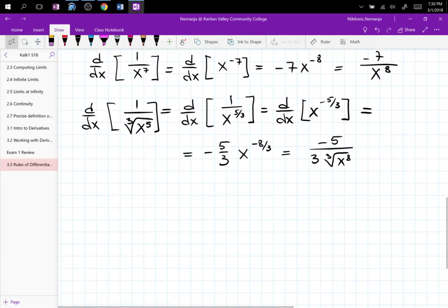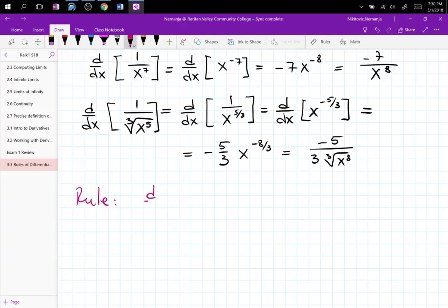The next rule is labeled as, I guess, a quality of life rule, where we take the constant and we can kick the constant outside of the differentiation, just like we did in limits.